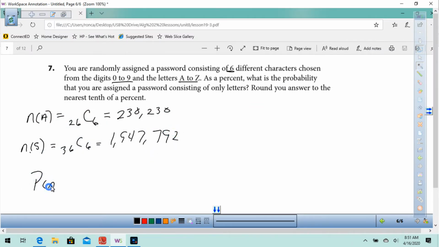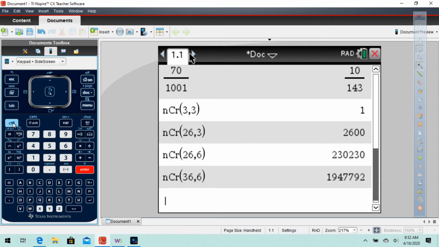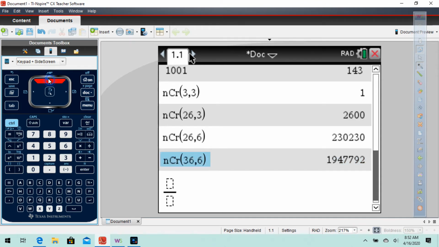So the probability of choosing 6 letters, as a percent, would be 230,230 over 1,947,792.